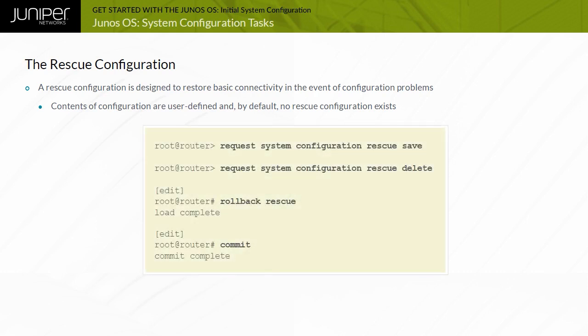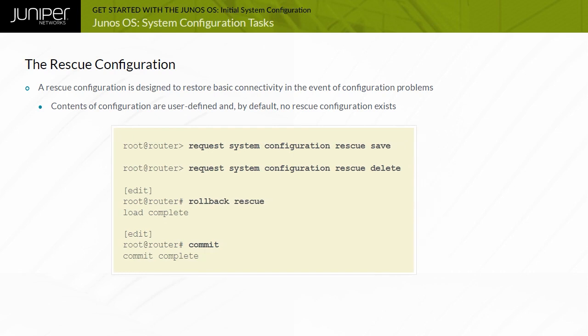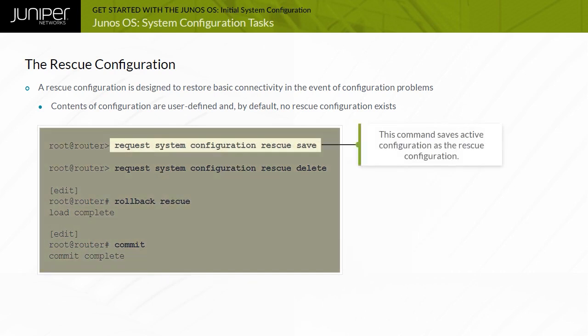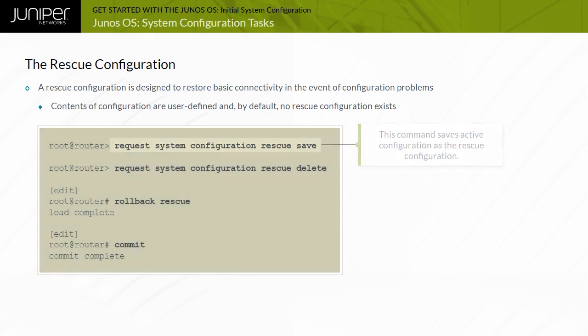You can save the active configuration as the rescue configuration using the CLI's operational mode request system configuration rescue save command. If a rescue configuration already exists, the request system configuration rescue save command replaces the rescue configuration file with the contents from the active configuration.